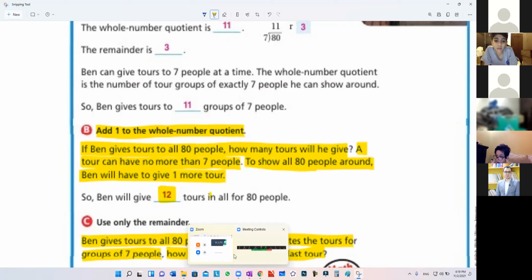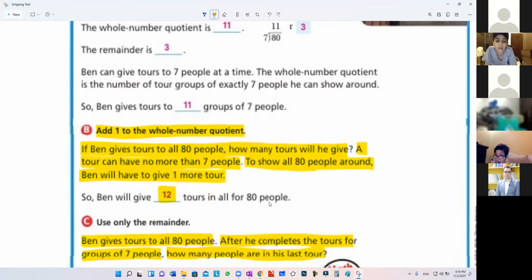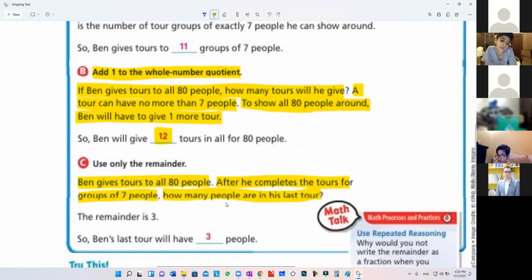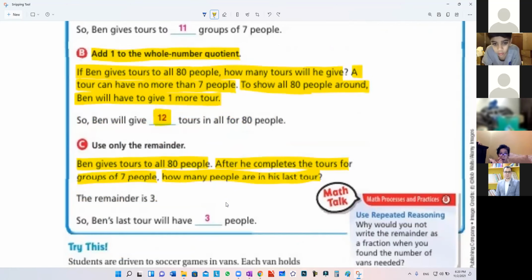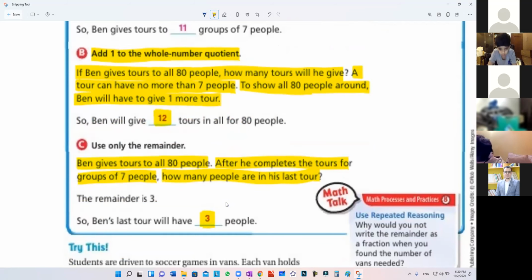So Ben's last tour will have 3 people, right? Yeah, so the remainder is 3. Got it? Okay, thank you so much, Hussein.